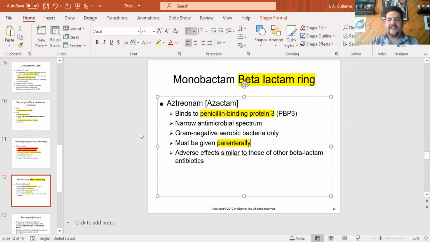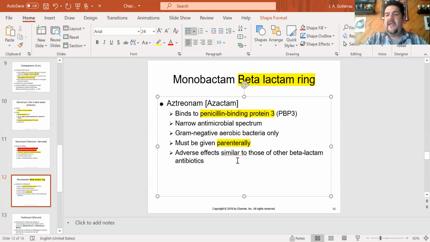So monobactams are used in a hospital setting, and same thing. We don't use it as a first option. We use it on severe infections where other antibiotics have failed to help the patient get better. So regarding adverse effects, again, very similar to all the beta-lactams we have been mentioning.